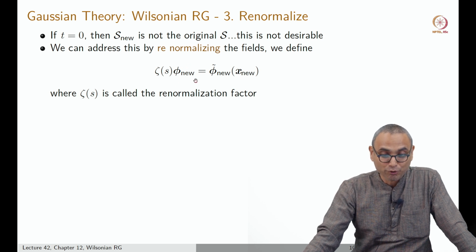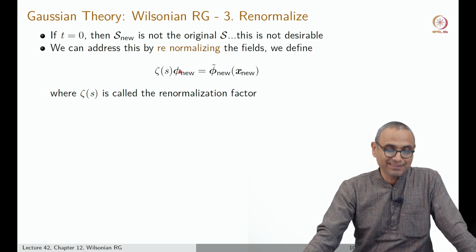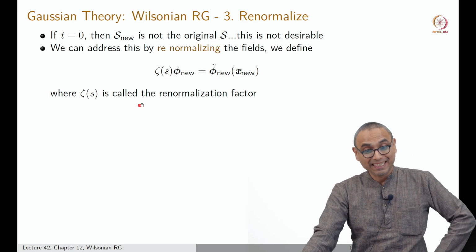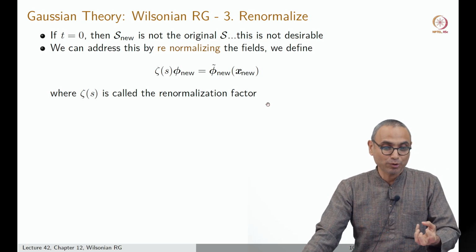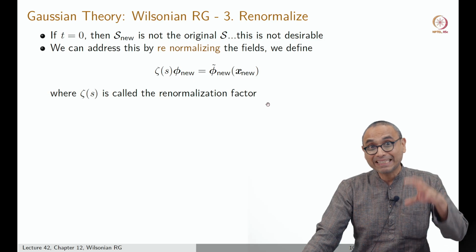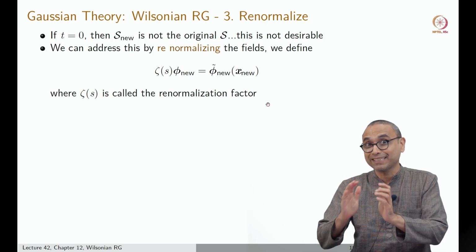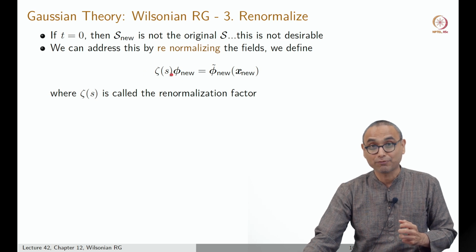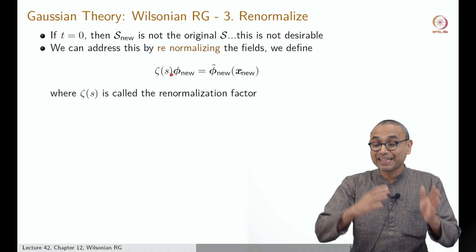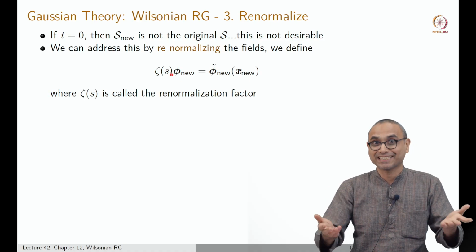Now this is my legitimate new field. How am I going to define the new field? I am going to say that the old field is a factor zeta of S times the new field of x new, and zeta of S is called the renormalization factor. How am I going to determine the renormalization factor? I will demand that the coefficient of gradient phi squared, after I introduce this renormalization factor on the field, will return me back to unity, which is what I started off with.